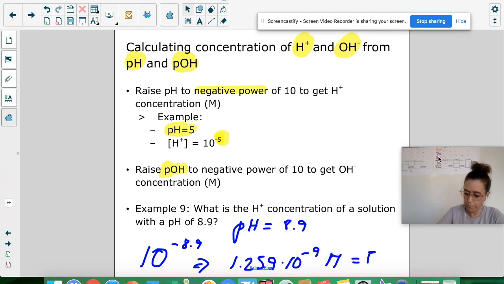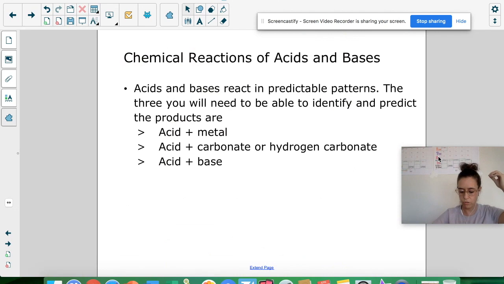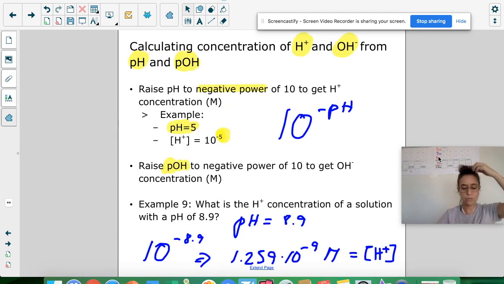Again, you do 10 to the power of the negative pH, which is what we learned before, in order to find the concentration of the protons.